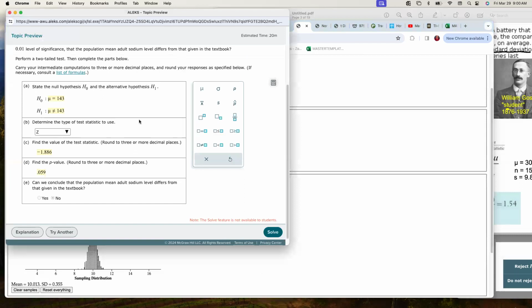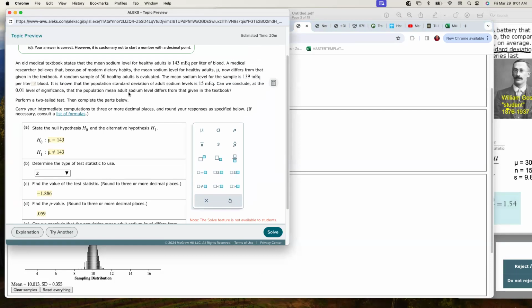So if I get back into my sample here, I know it's normal. It follows the sampling distribution of 143 as a mean. The standard deviation is going to be, in this case, 15 divided by the square root of 50.